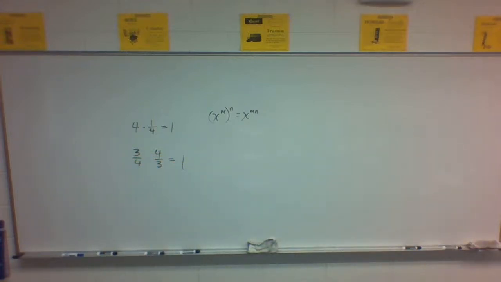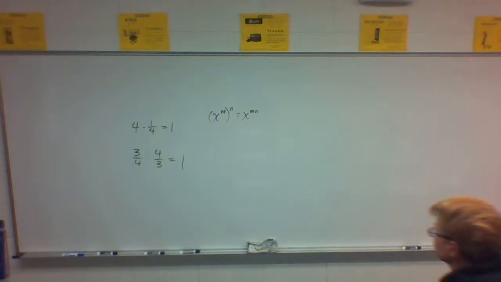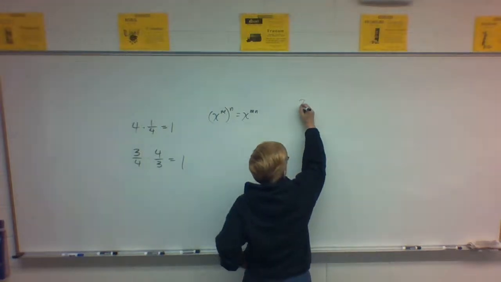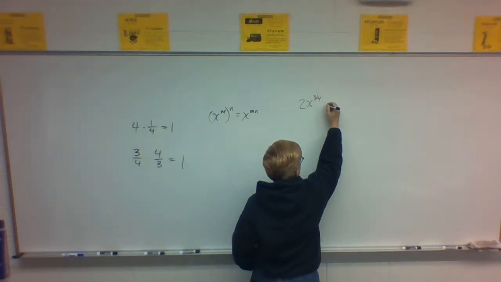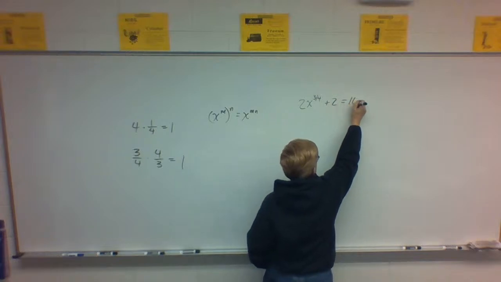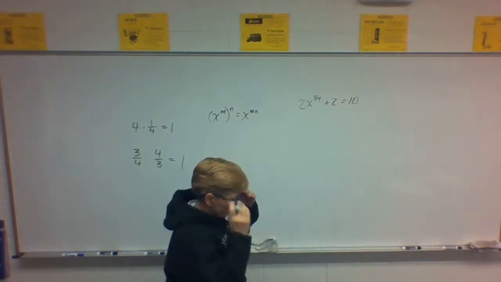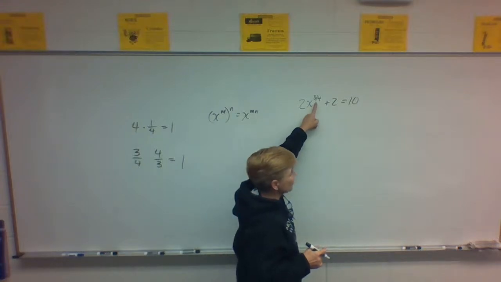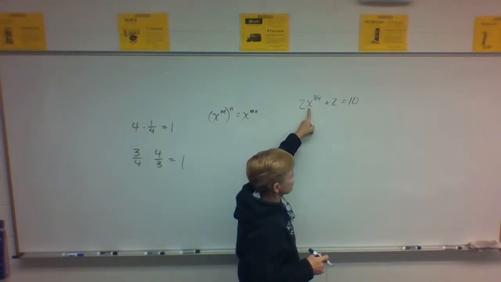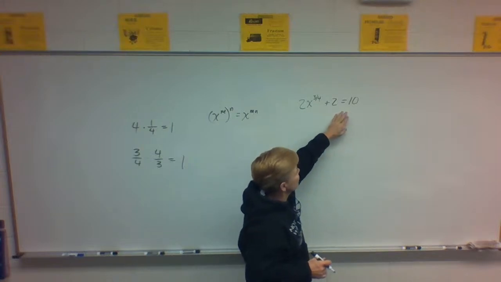Okay, so let's tackle one here. Example 5 says 2x to the 3/4 plus 2 equals 10. If we convert from one to the other, that's the radical part right there. The only thing under a radical, if there would be a radical, is that x. It's 2 times some radical of x plus 2 equals 10.